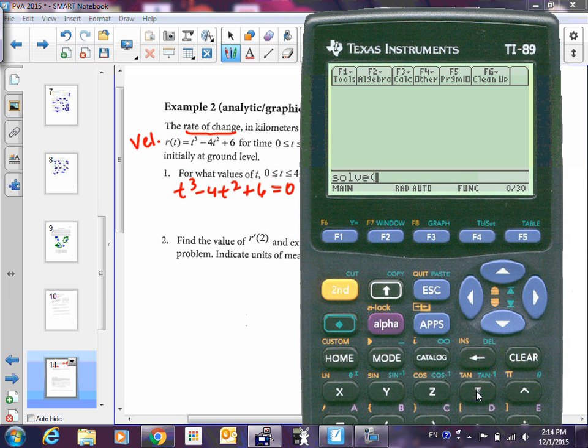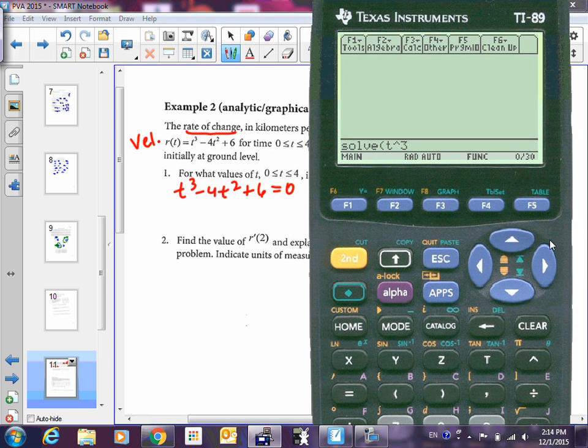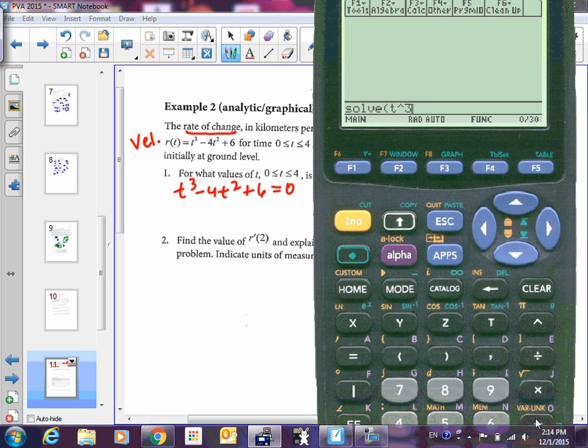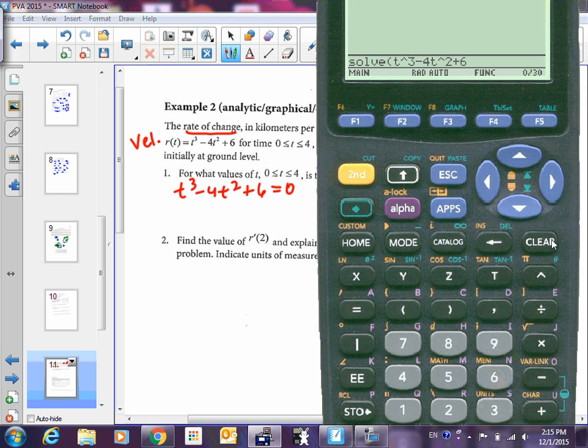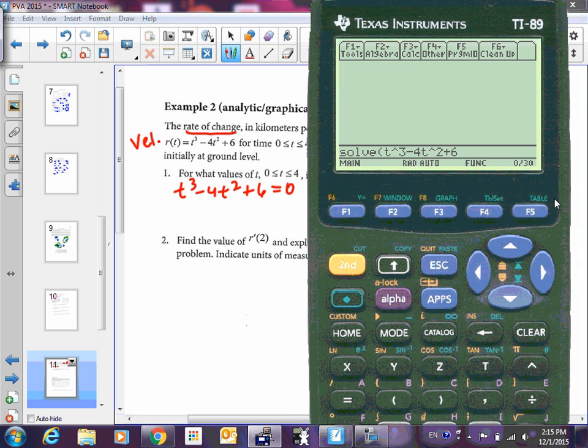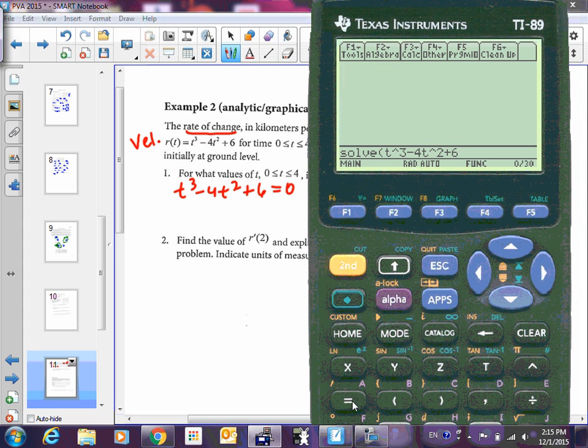If you use t, though, just make sure you stay consistent. Make sure that you have your equals 0 in there, and make sure you do comma, in this case, comma t.